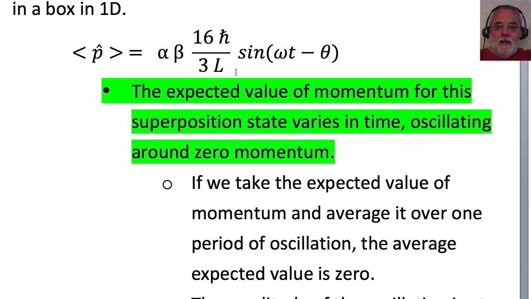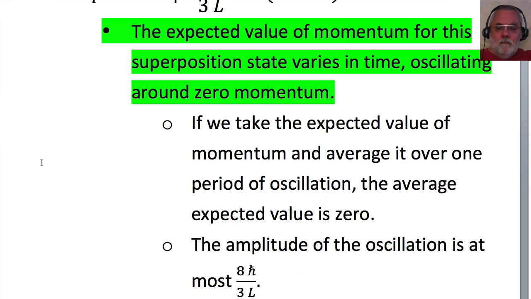Now, the maximum amplitude this can be for any alpha and beta that are constrained to normalize the wave function, there is a maximum amplitude for the oscillation.